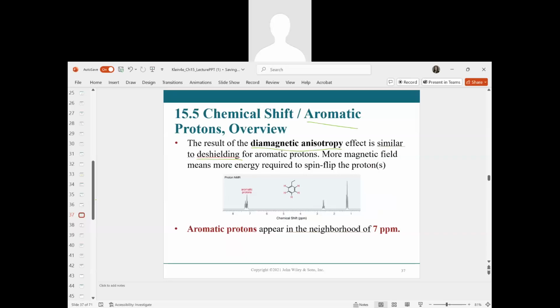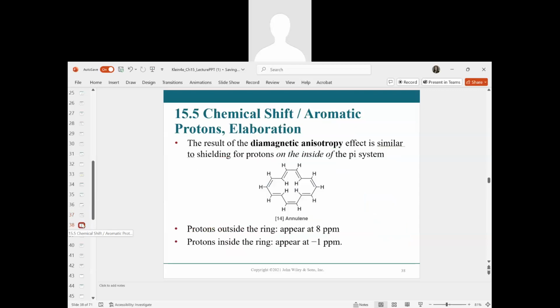So these protons would be around 7 parts per million, right? They require more energy to do their spin flip to go between the alpha and beta states. So therefore, we see this signal around 7 parts per million. We can see an elaboration, another example of this diamagnetic anisotropy.